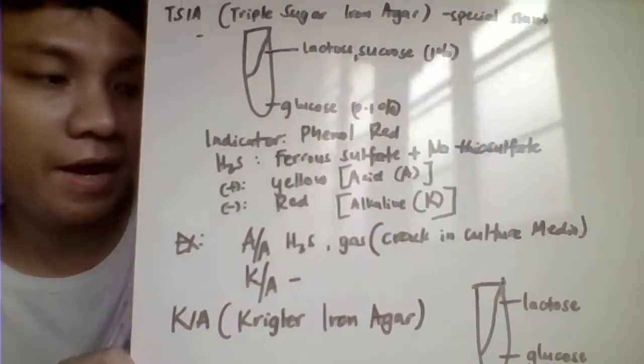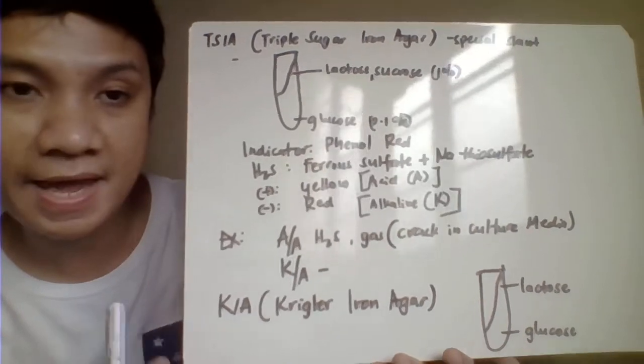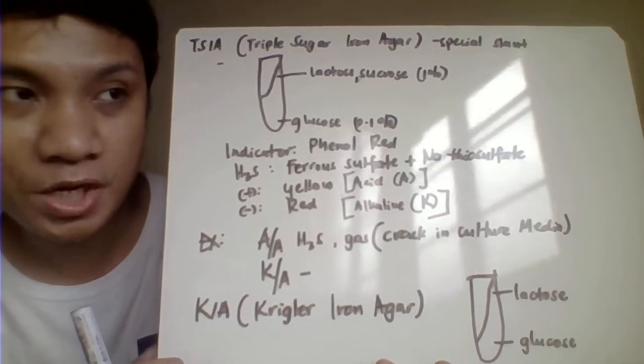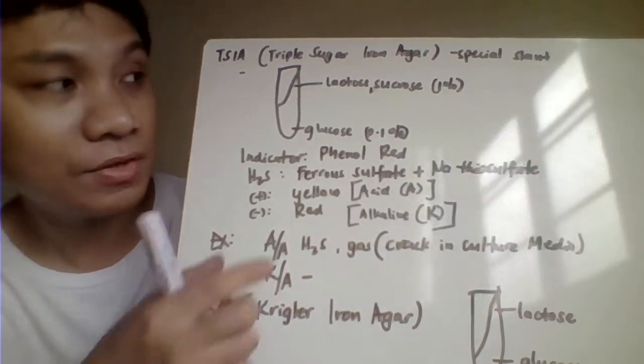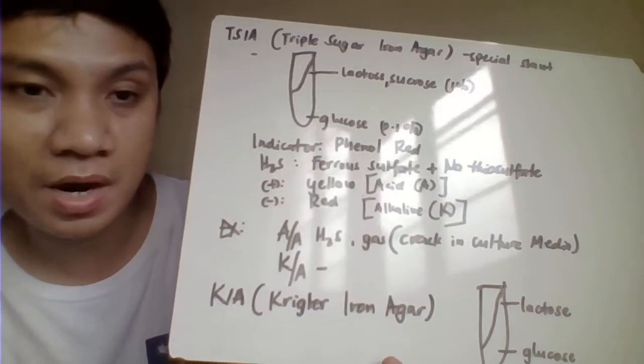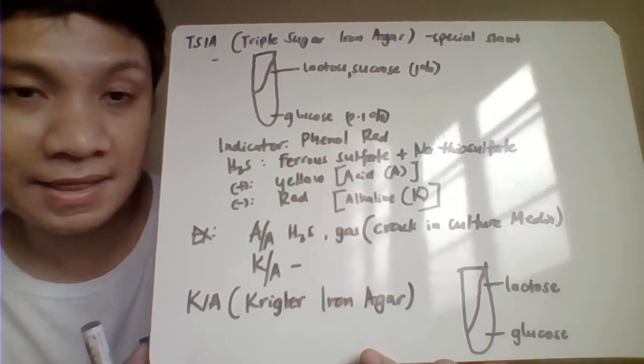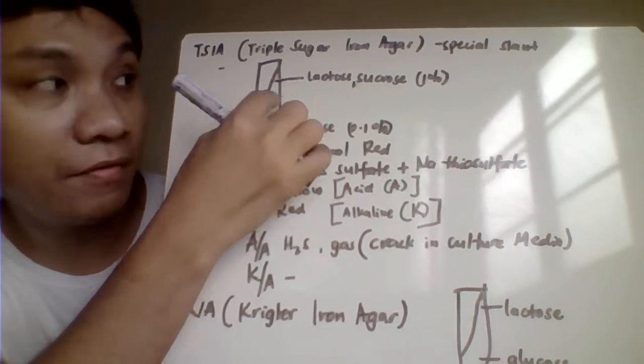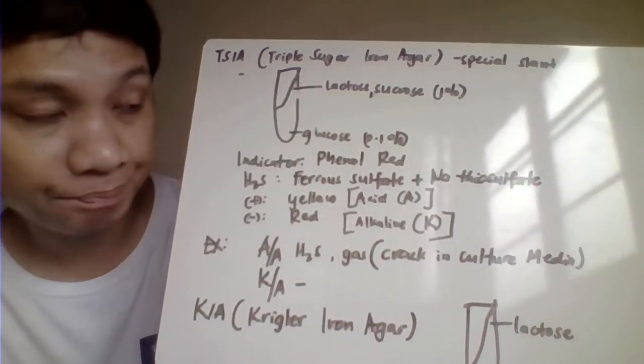Okay, the next one, we have your TSIA or your triple sugar iron agar. It has triple because this culture media contains three sugars. And this is a special slant. Remember, your special slant would have the butt area, and we have also the slant area.